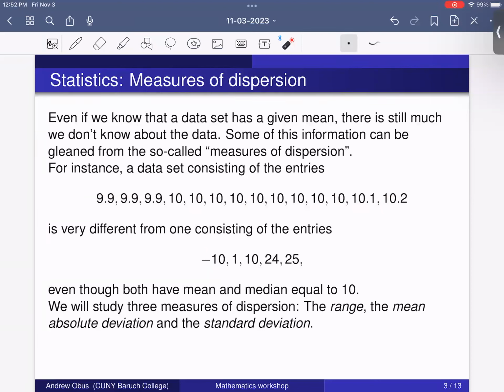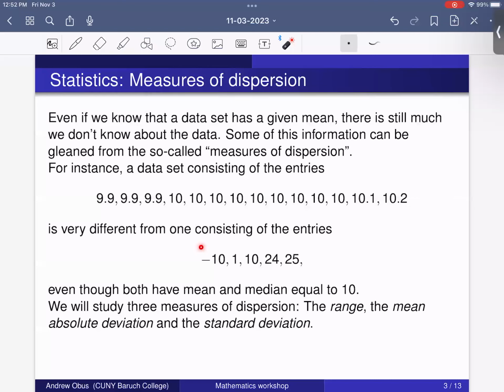But in fact, if you calculate the mean and the median of both of these data sets, you get 10 for both. I'm not going to do the calculation, but this is an exercise. For the first data set, the arithmetic mean is 10 and the median is 10, which is easy to see because 10 is clearly in the middle.